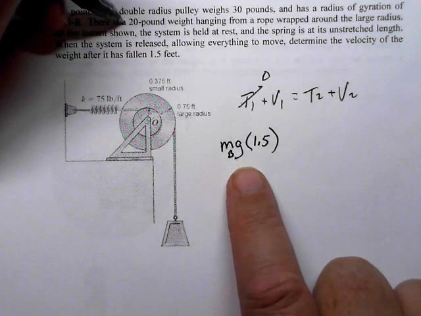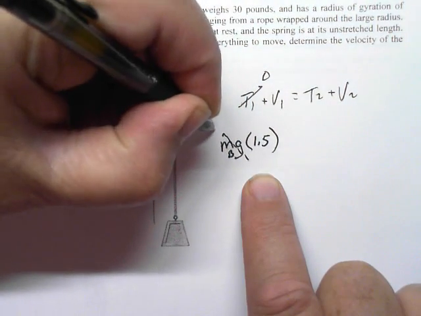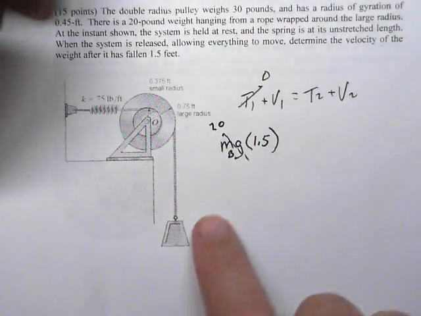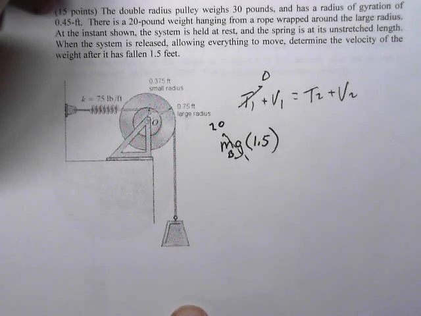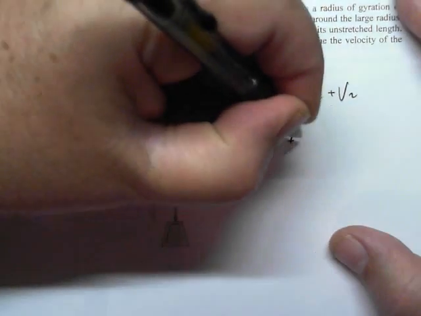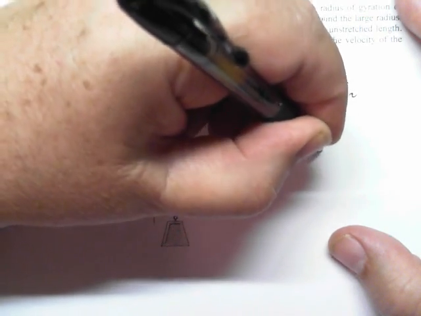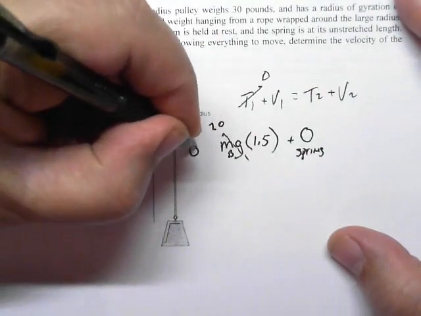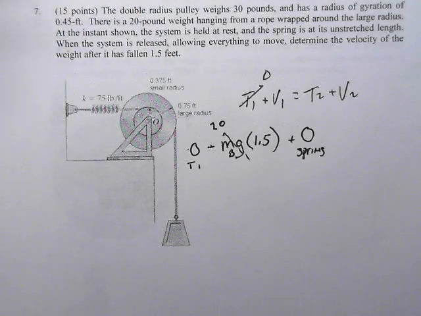That's a 20-pound weight, so that's going to be 20 times an initial height of 1.5, because it's going to fall that far later on in the problem, plus 0 for the spring. And let's go ahead and put a 0 there, and this is our T1 value.